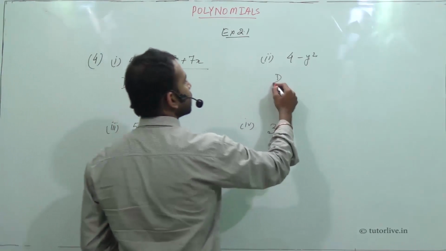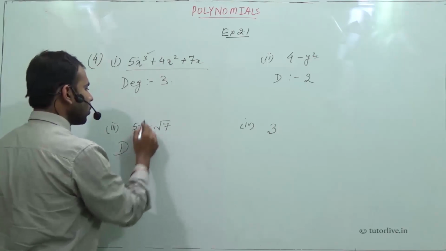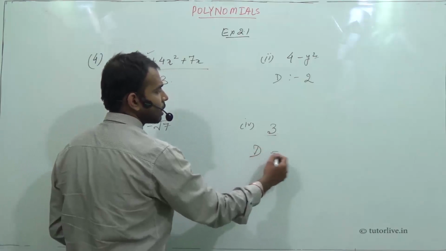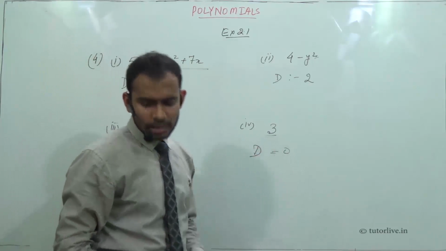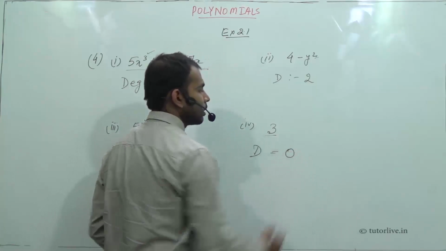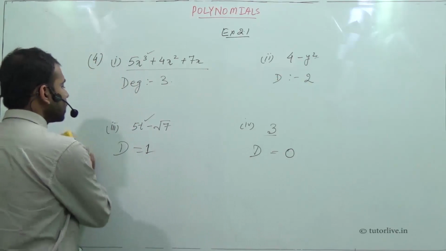Here the degree is 2, the highest power is 2. Here the degree is 1, the highest power is 1. It is a constant value, therefore the degree is equal to 0. The degree of a non-zero constant polynomial is 0. If you get confused with this 0, I'm writing it properly. Okay, easy. Moving on to the fifth part.